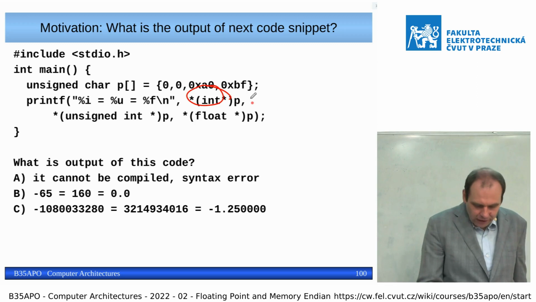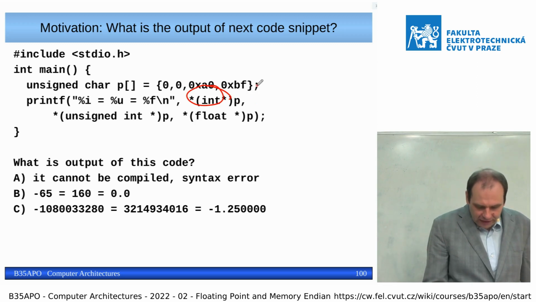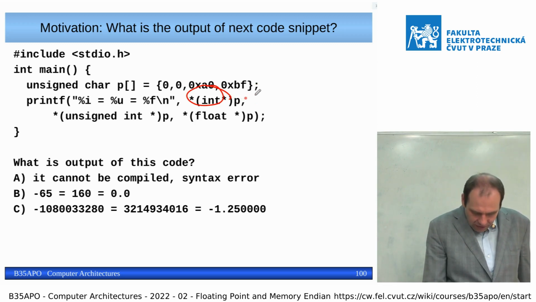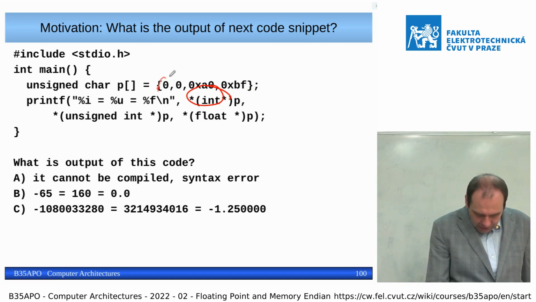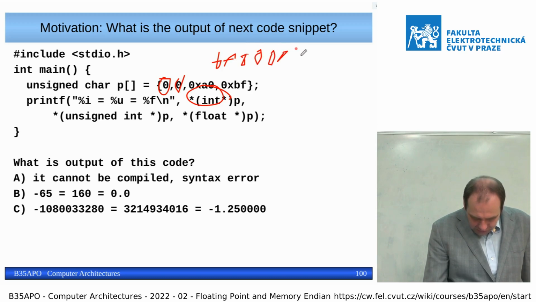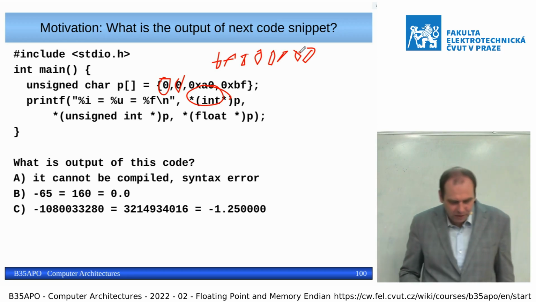So basically you can find that in this case this value on a little endian system will start with 0, 0 and so on. So it is BF A0 0 0 0 0 hexadecimal value.